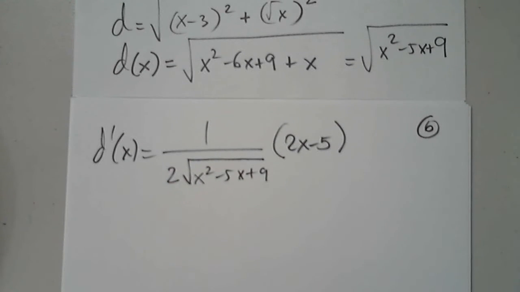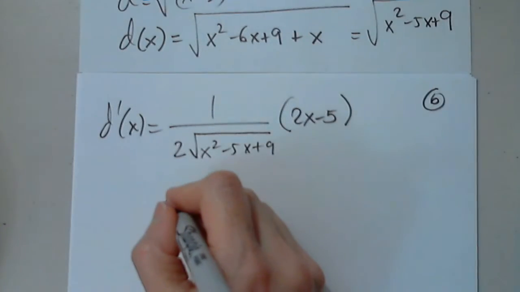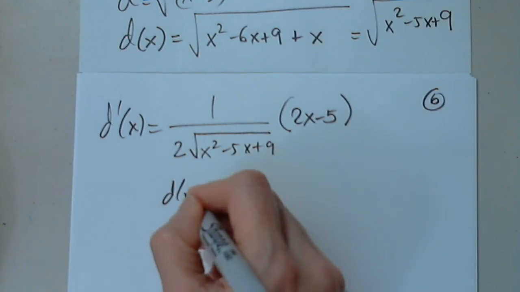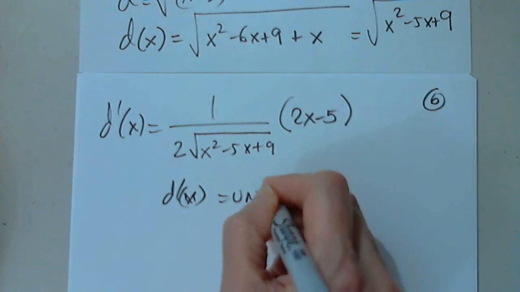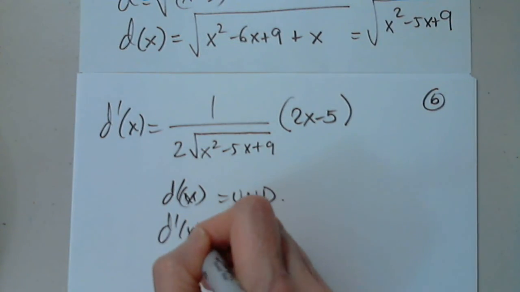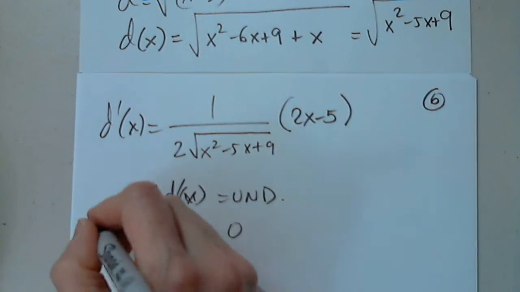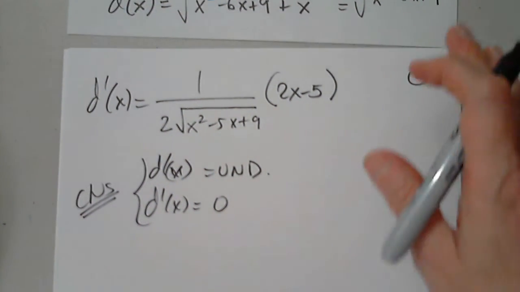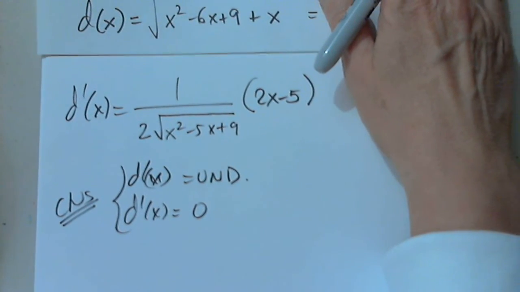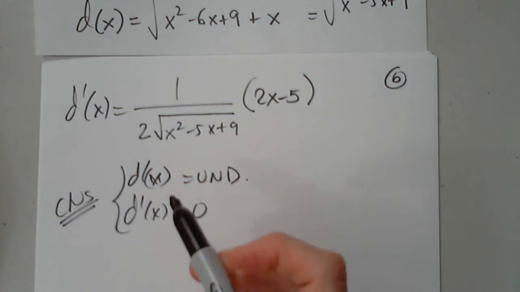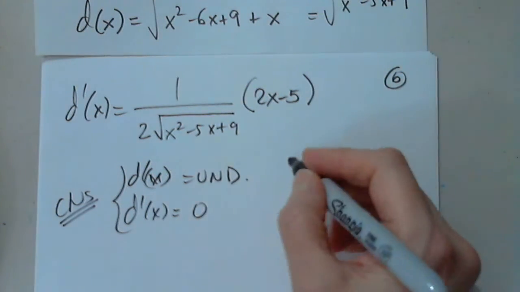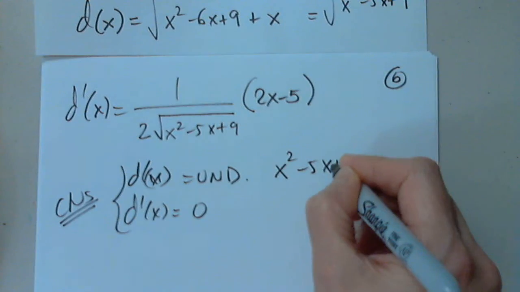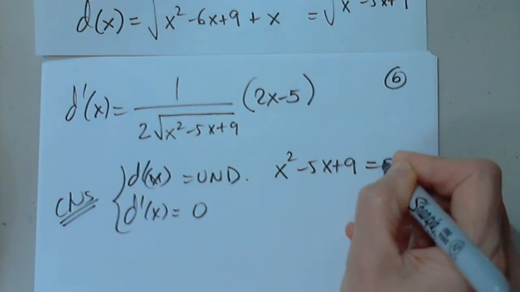Are we going to look for the critical numbers? Yes. So we want d prime of x to be undefined and d prime of x to be 0 for critical numbers. We always have to analyze both. Good. So for d prime to be undefined, it means that x squared minus 5x plus 9 must be 0.